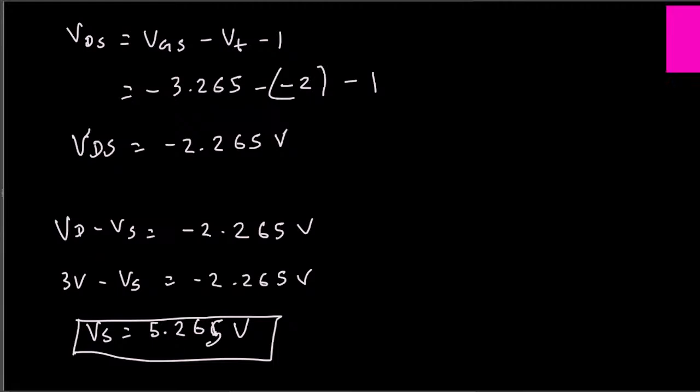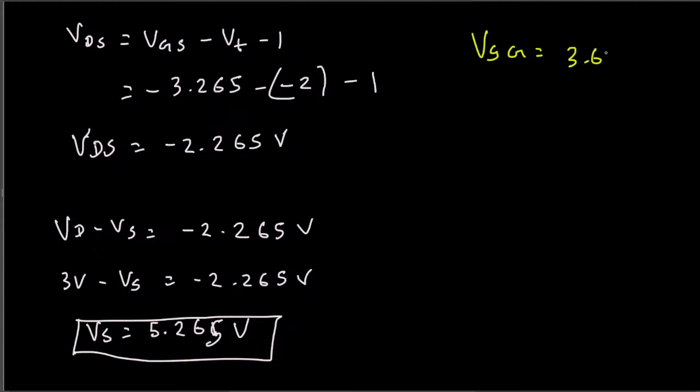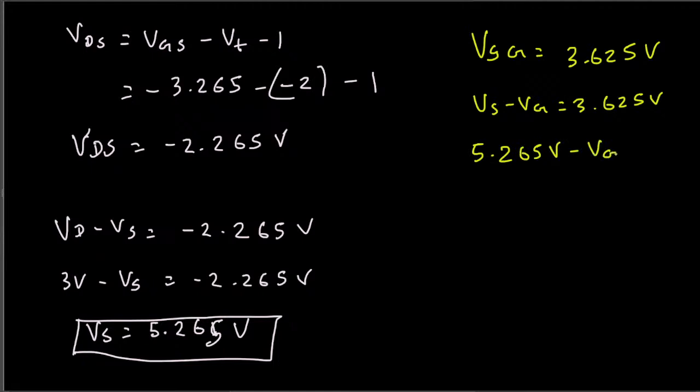So let's put that one right here. VSG is given to be 3.625 volts, and VSG is basically VS minus VG, that is 3.625 volts, and VS we know is 5.265 volts minus VG, and that is 3.625.